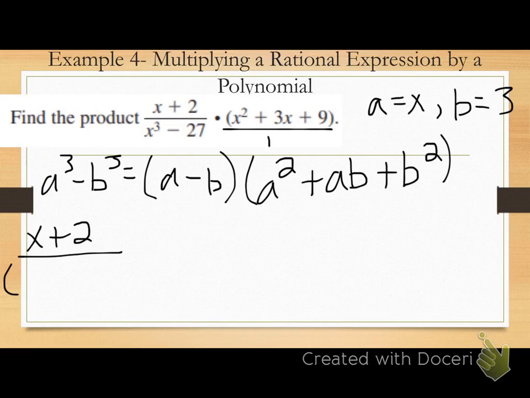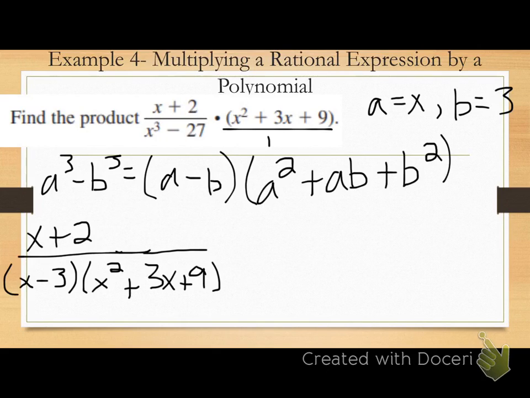So a minus b would be x minus 3. What would a squared be? X squared. A times b? 3x. And then b squared? 9. Everyone good with factoring a difference of cubes?